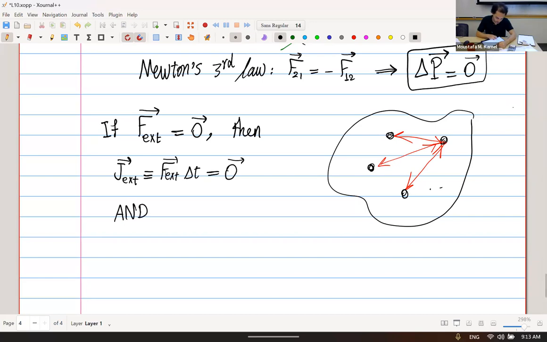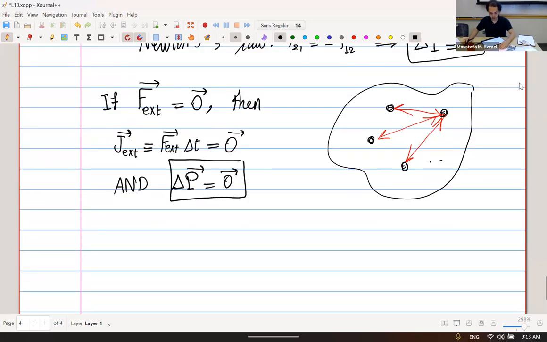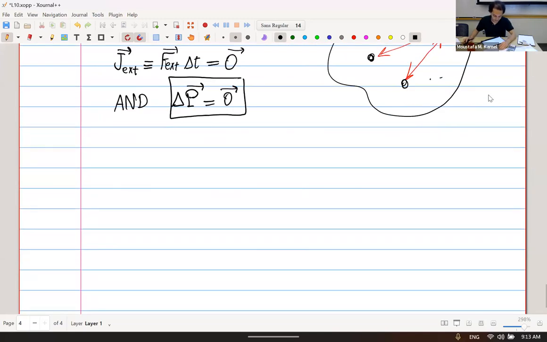And the momentum, the total momentum is conserved. Is this point clear? Okay.